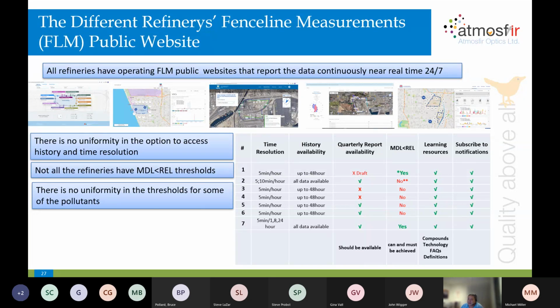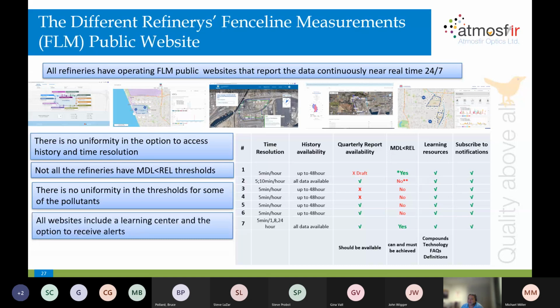Same story goes with the total alkane, etc. All websites include a learning center and an option to receive alerts. There is no uniformity in the method of measuring TVOC, and that is not good because we cannot compare or have meaningful data if not everybody does the same.